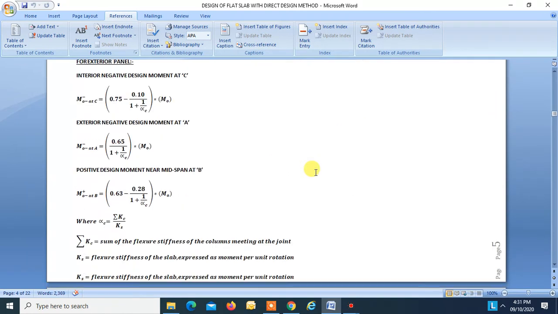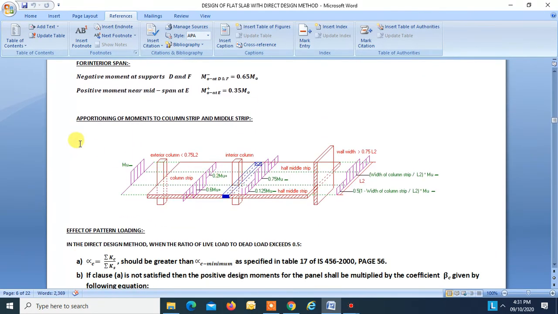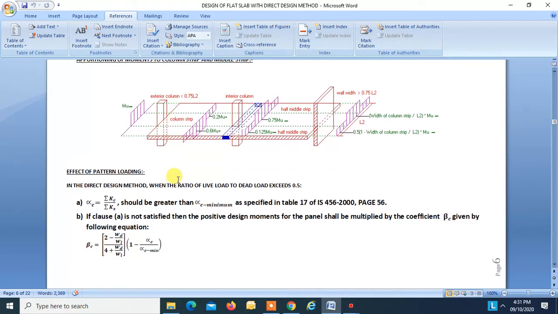The next step is apportioning of moments to column strip and middle strip. Now we have to distribute these moments. First we will see the exterior panel. If the flat slab is supported on a column whose width is less than 0.75 L2, then whatever moment is coming over here will be 100% taken by the column strip, and the moment distributed to the middle strip will be 0.